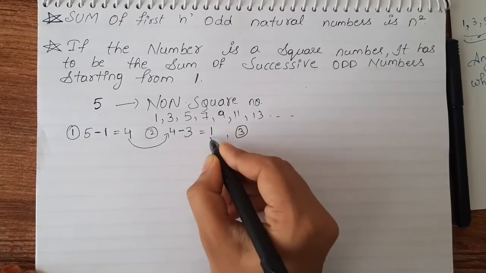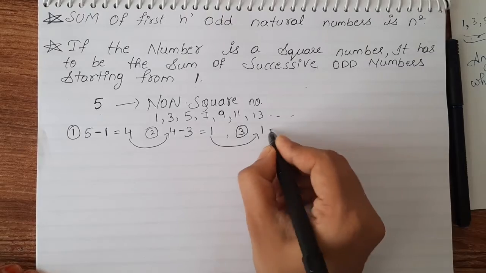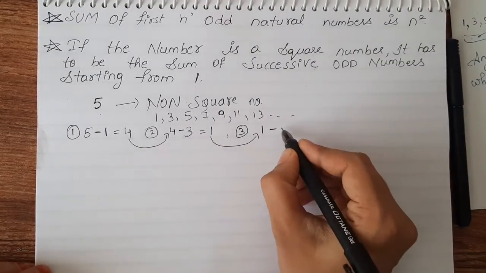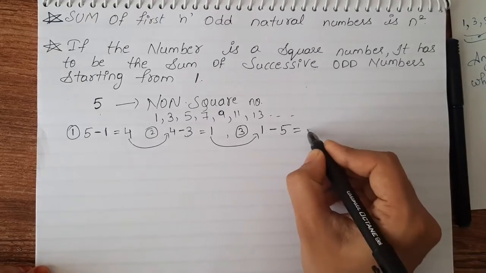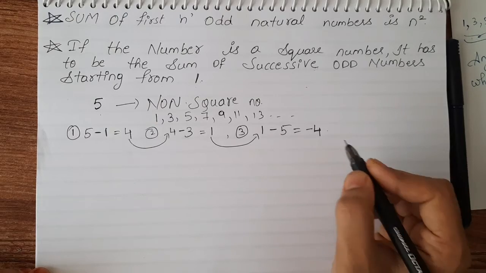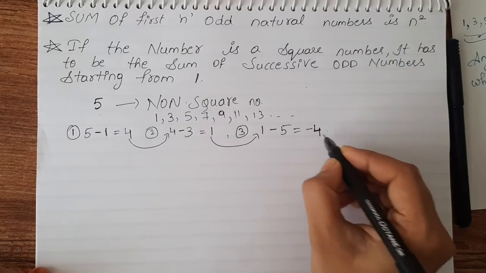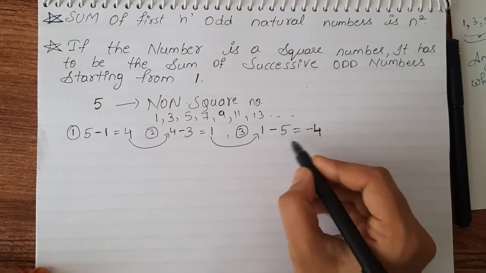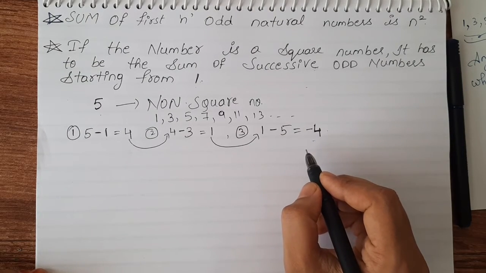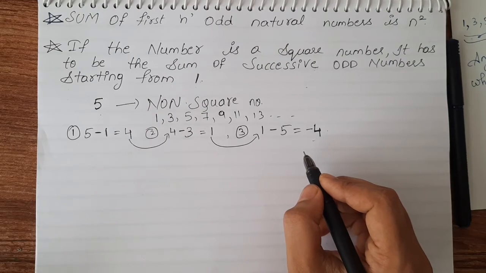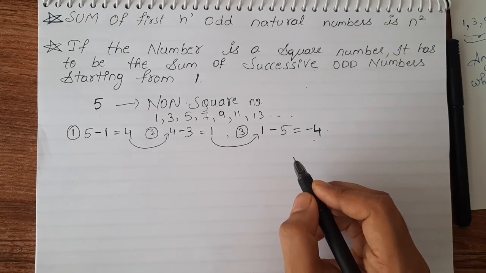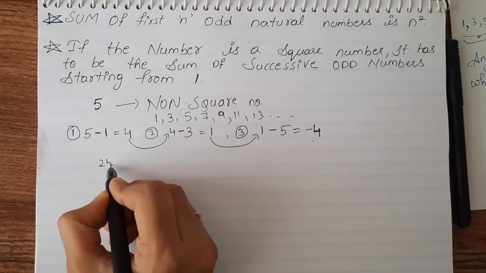The third step is to take this answer 1 and subtract the next odd number, 5. 1 minus 5 is minus 4. Are we getting the last result 0? No, we are not getting 0. So 5 is said to be a non-square number because it cannot be expressed as a sum of successive odd numbers starting from 1.